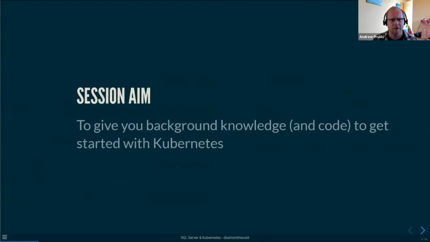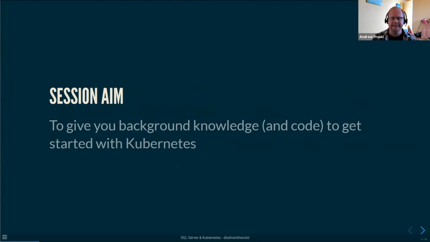Okay. The aim of this session is to give you some background knowledge of how Kubernetes works and some code so that you can go and get started with deploying SQL Server to a Kubernetes cluster. So we're going to have a look at running Kubernetes locally on Docker desktop, spinning up an instance of SQL Server, blowing it away, playing around with it.